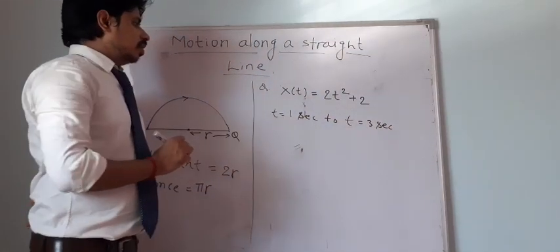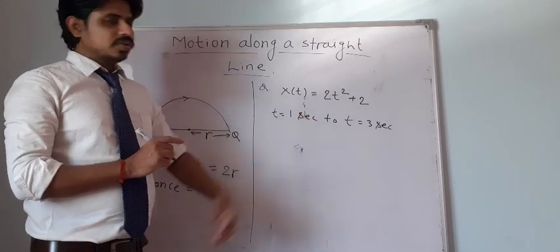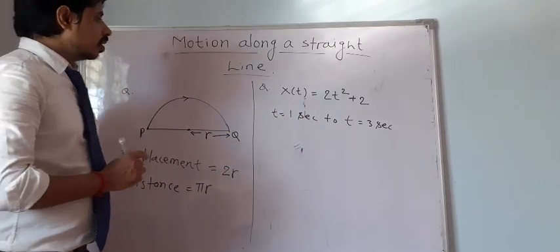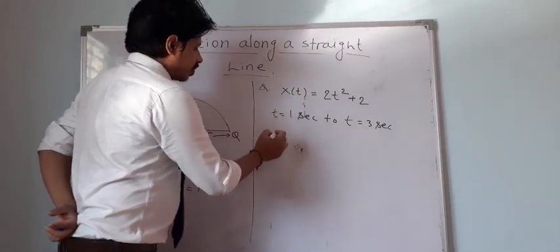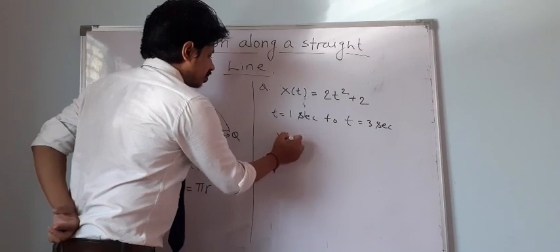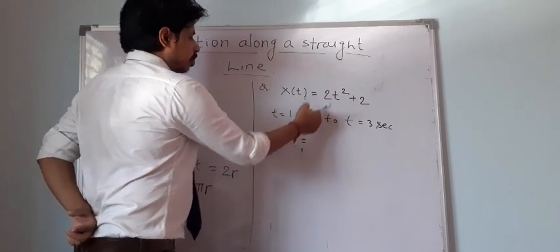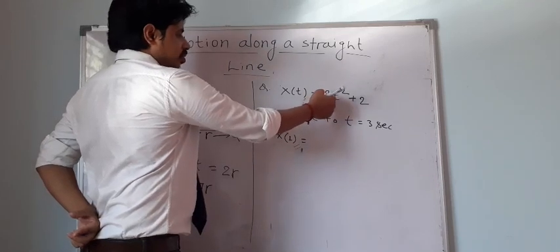Suppose we have to find the displacement from t equals 1 second to t equals 3 seconds. Then how will we find the displacement? We will find the initial position x at 1 second by putting the value 1 in place of t.